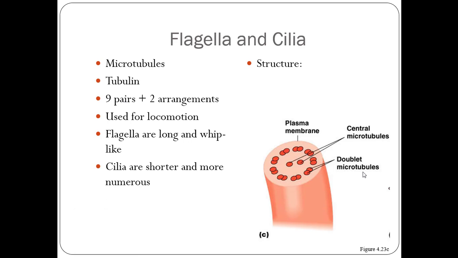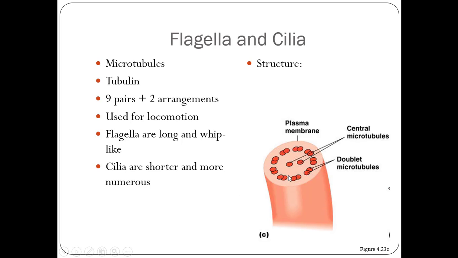So these flagella and cilia are made of microtubules, which, as you can remember from that other slide, are also on the inside of the cell as well. They're important for motion. They're made up of this protein called tubulin, and from what our teacher told us, they're famous for these 9 pairs plus 2 arrangements, so it's like a 9 plus 2 setup.